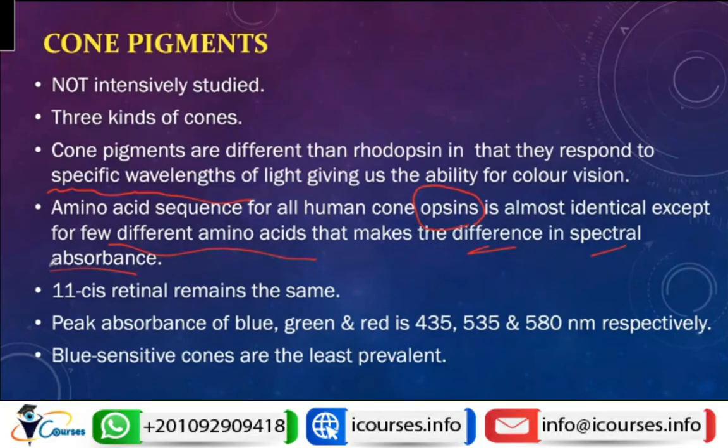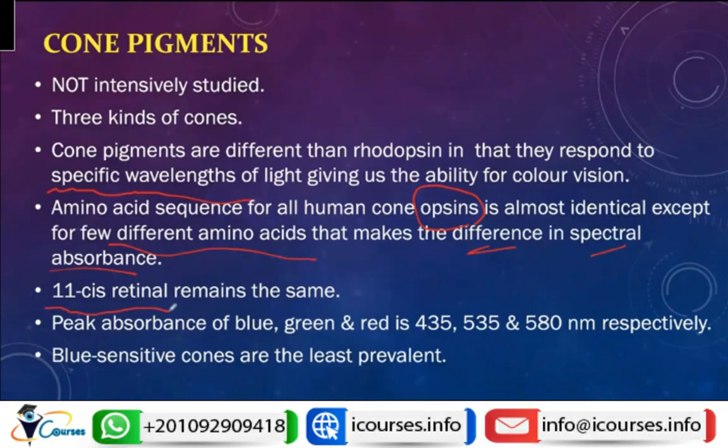So cones have opsin as well, but in this case it's not a scotopsin, as it is not used for night vision. It is an opsin with a slightly different configuration in a few amino acids that make the difference in spectral sensitivity.